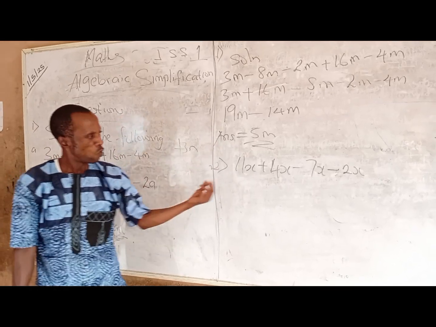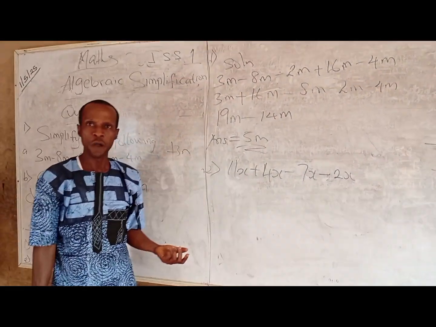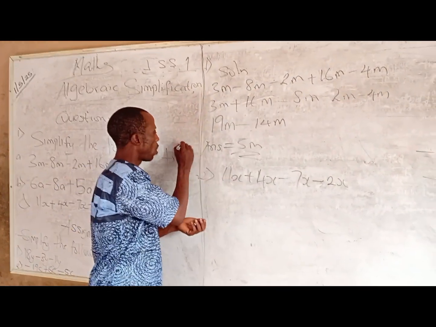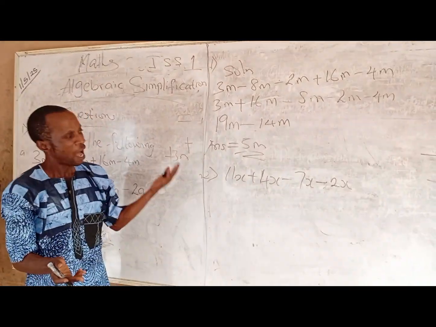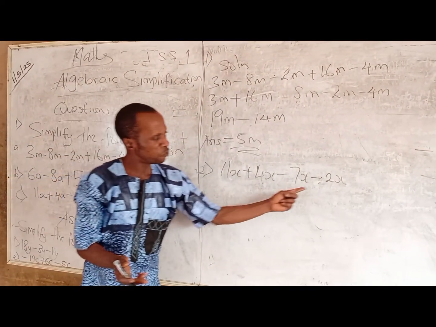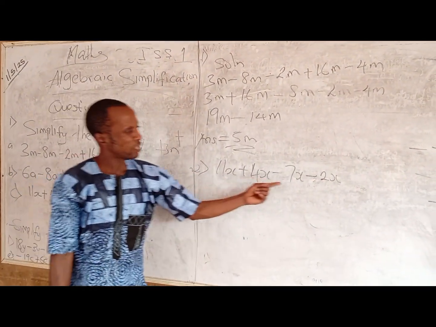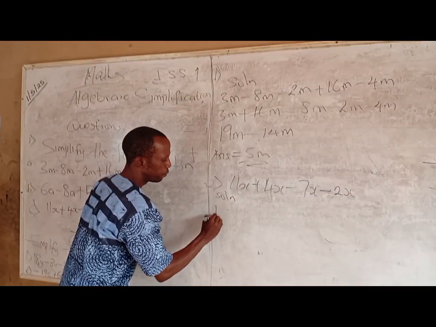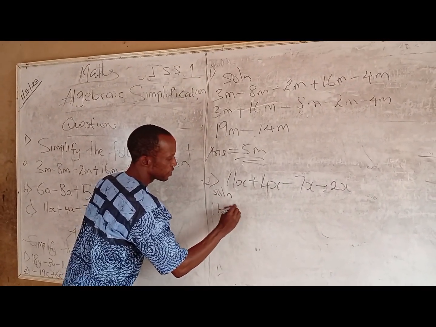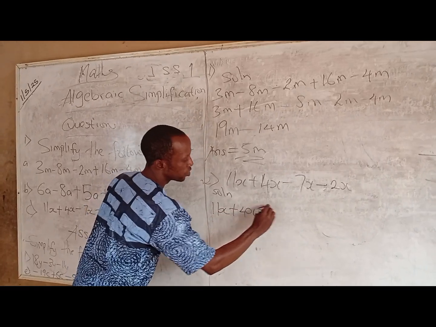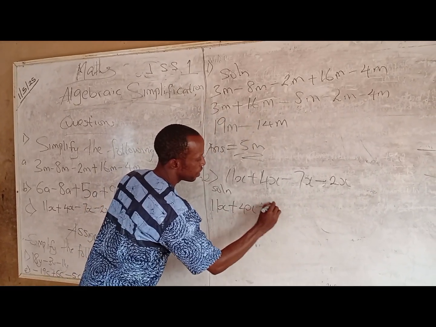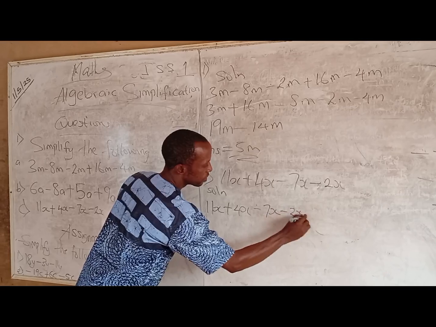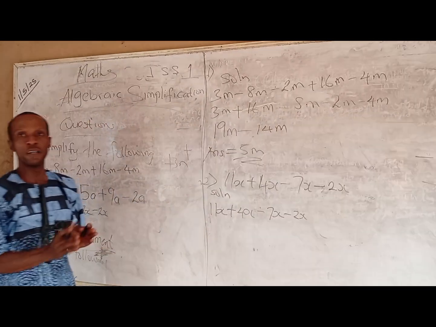They are just two. We have 11 and the 4 because they are positive. They are credits. And what are the debts there? 7 and 2, because they are negative. So I have my solution: plus 11x plus 4x plus minus 7x minus 2x. This one has been grouped already.